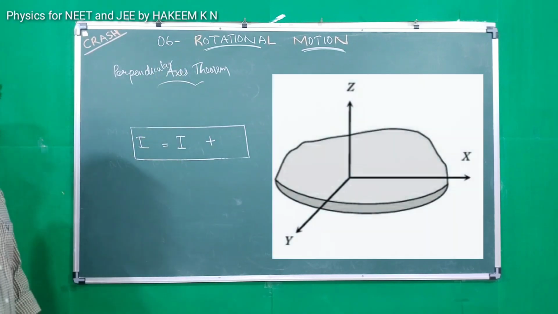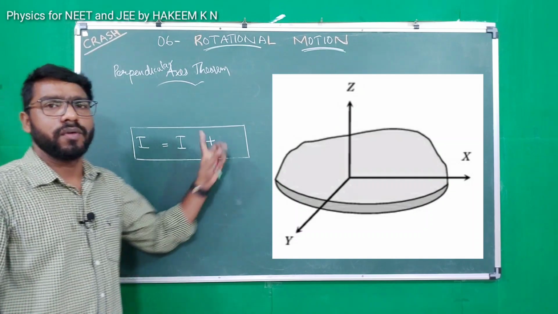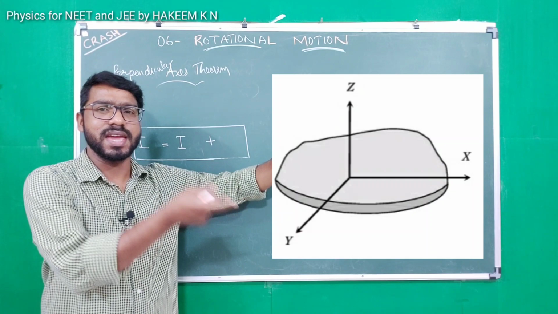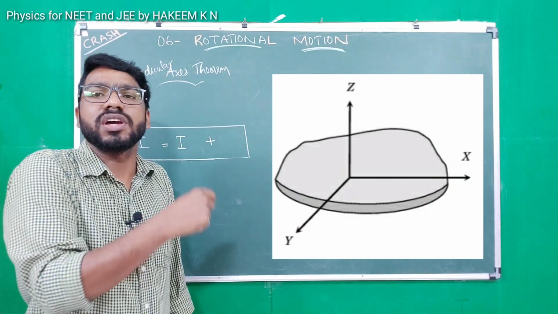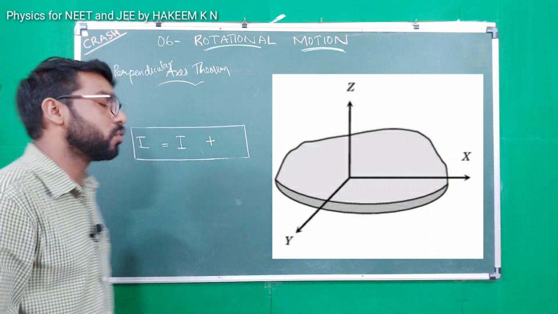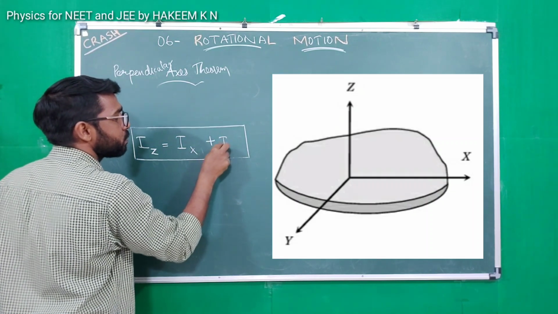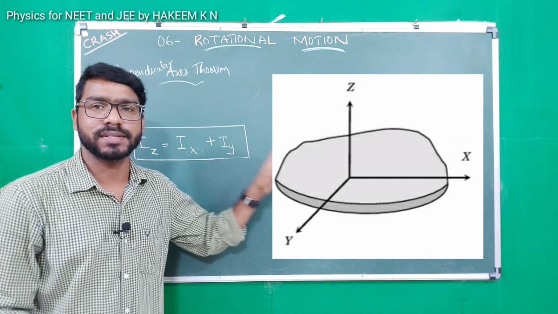Perpendicular axis theorem. We have moments of inertia about two axes in the plane of the body. Then the moment of inertia about an axis perpendicular to the plane of the body is found using Iz equals Ix plus Iy.